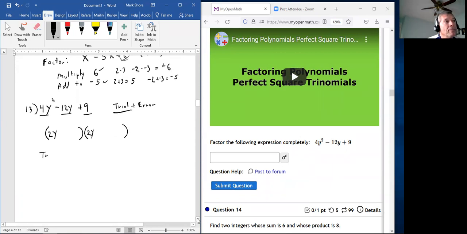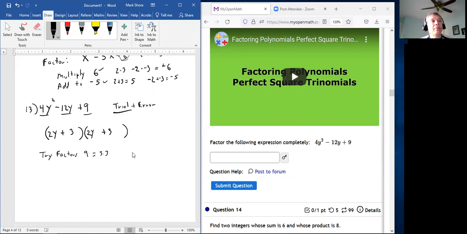So you try factors of 9. You can't even use the 12 on this because there's this extra thing here. But there aren't too many numbers that multiply together to give you 9. So 3 times 3. That's exactly the thing I want to try, 3 times 3. Those are positive 3s, so I'm going to put a +3 here and a +3 here.